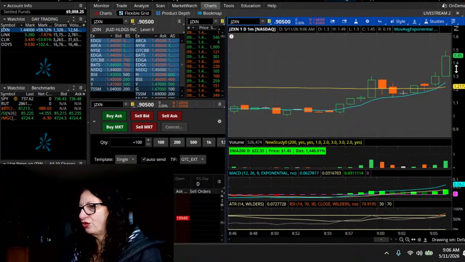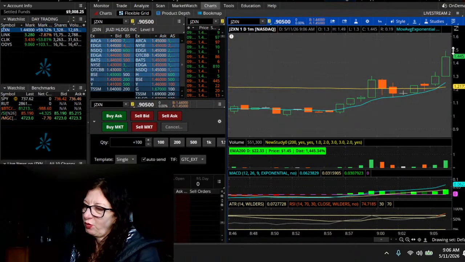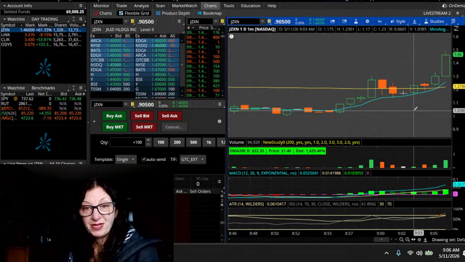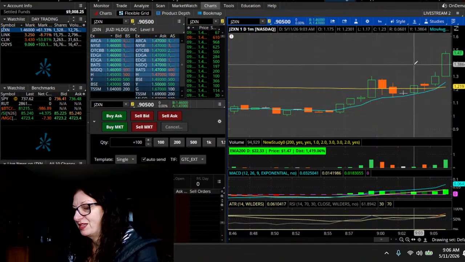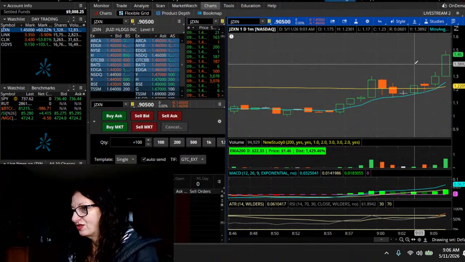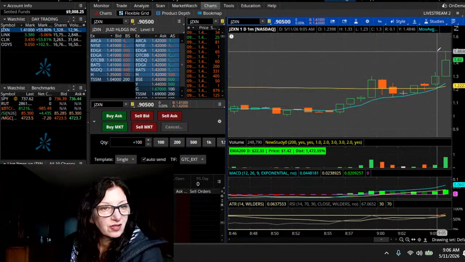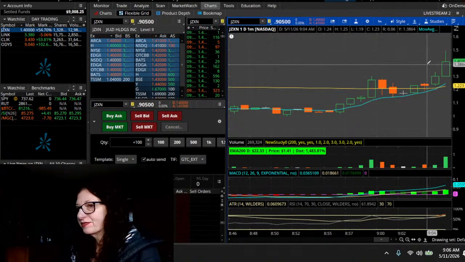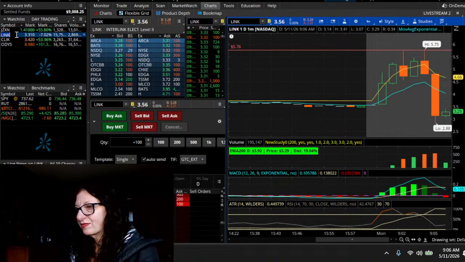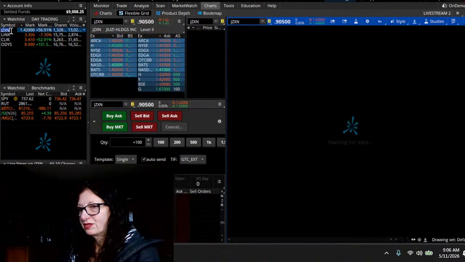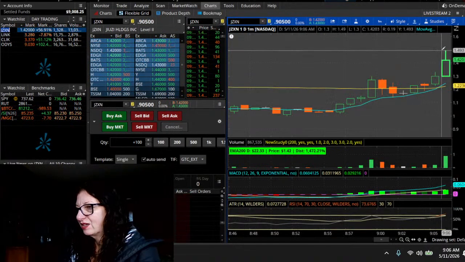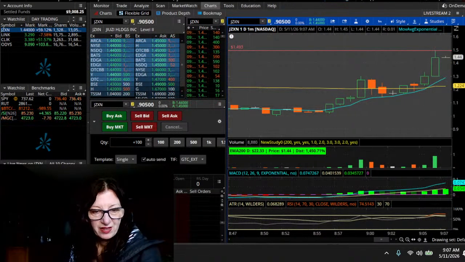Is this a potential bull flag? Maybe. Maybe it is. Wow. I'm going to stay away from LINK. So it looks like this might be the top of the candle.